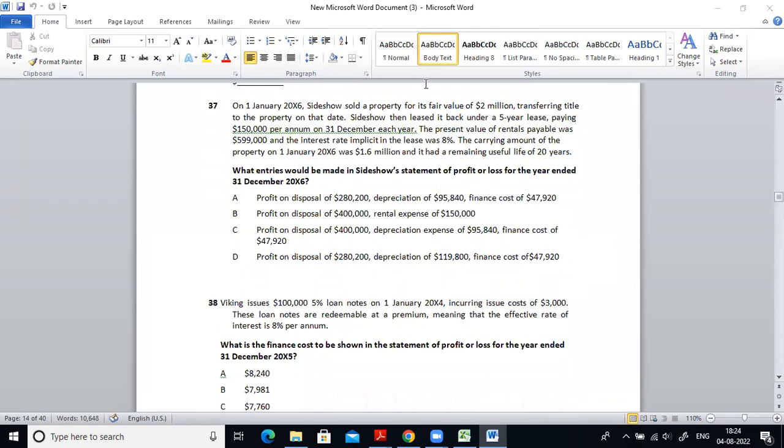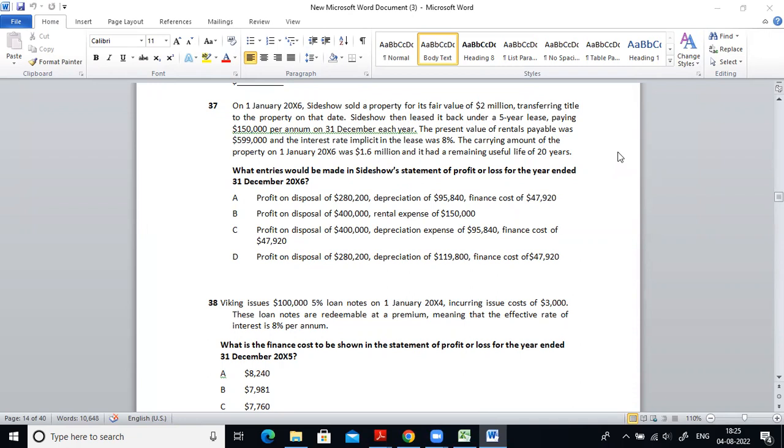On January 2006, Sideshow sold a property for its fair value of 2 million, transferring the title to the property on the date. Sideshow then leased it back under a 5-year lease, paying 1,50,000 per annum on 31st December each year.